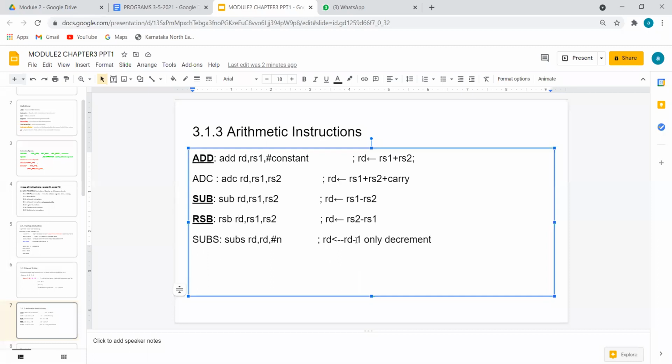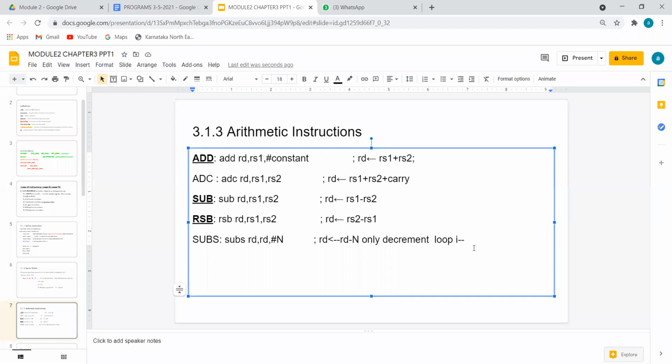Subtraction with S, here it will be N. Okay, so this N is here. Whenever we want to subtract a constant from something, it is generally used in loop instructions, like we use in our C programming for loop: for i equal to 10, i greater than 0, i minus minus.